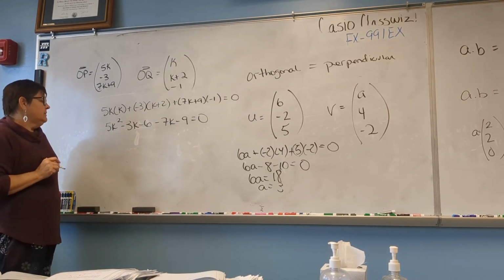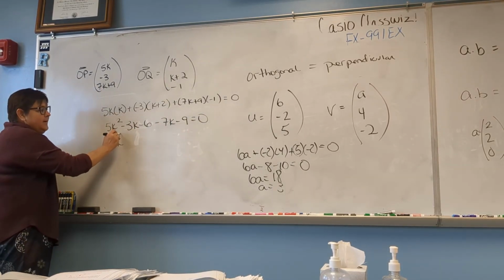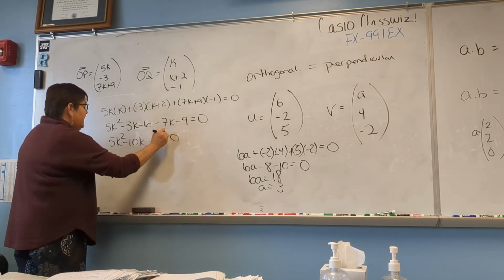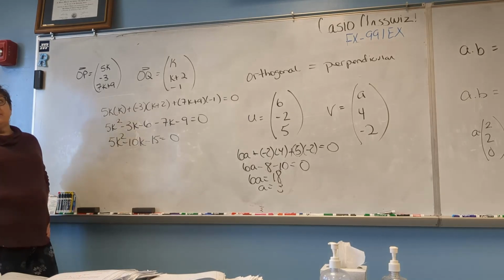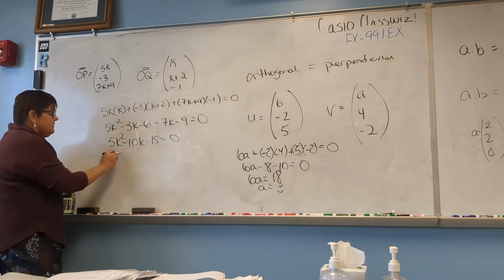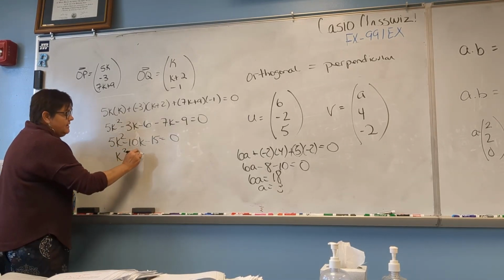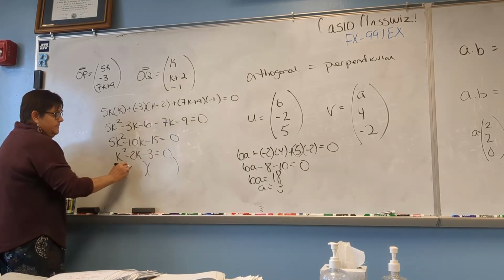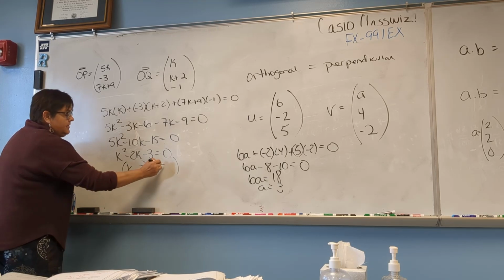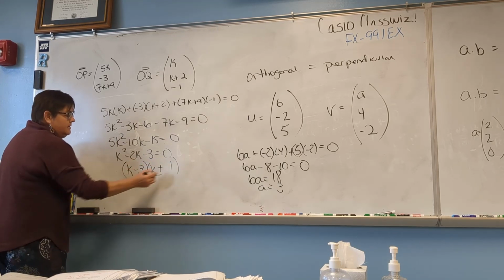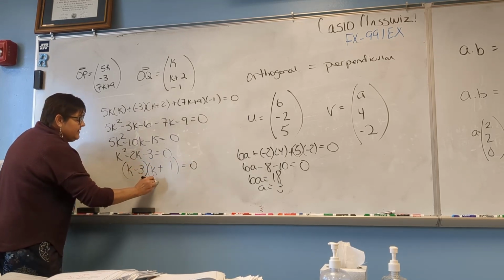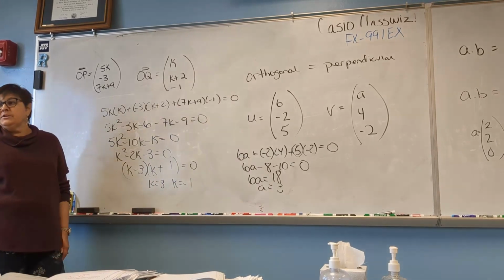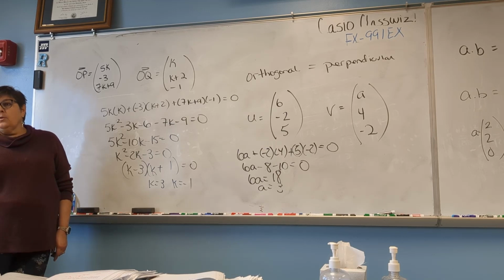Are we good? 5k squared minus 10k minus 15 is 0. Divide everything by 5. So k squared minus 2k minus 3 is 0. And if I factor that out, I got k minus 3 and k plus 1. So my two values of k are 3 and negative 1, both of which would produce orthogonal vectors.